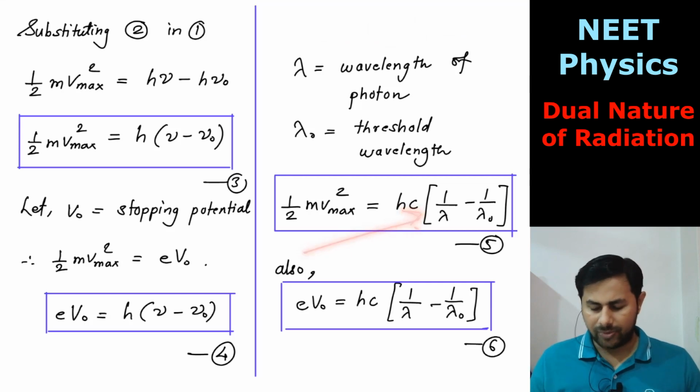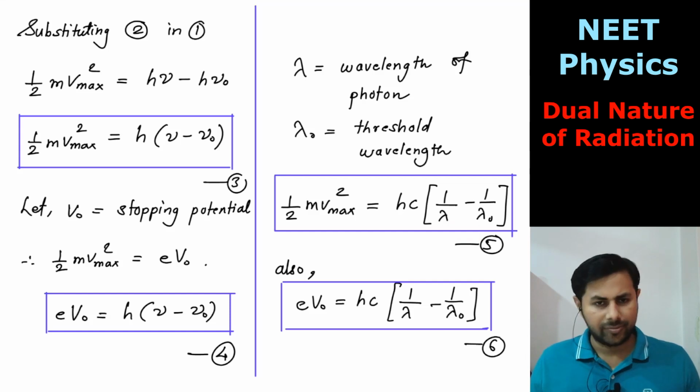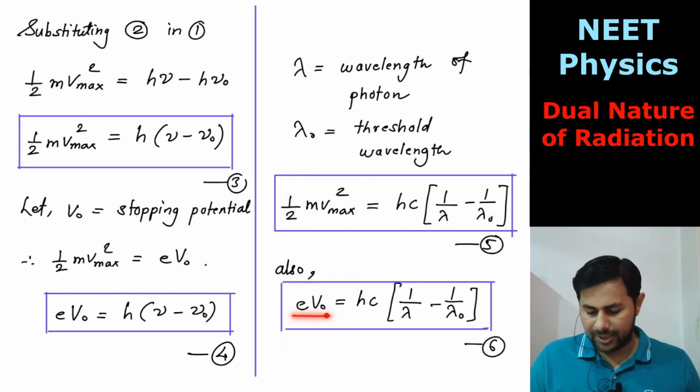So you get another form of the equation, that is half of m v max square is equal to hc times 1 by lambda minus 1 by lambda naught. Sometimes they might just ask the different form of the equation. And again half of m v max square can be written as e times V naught, and it's equal to hc times 1 by lambda minus 1 by lambda naught.